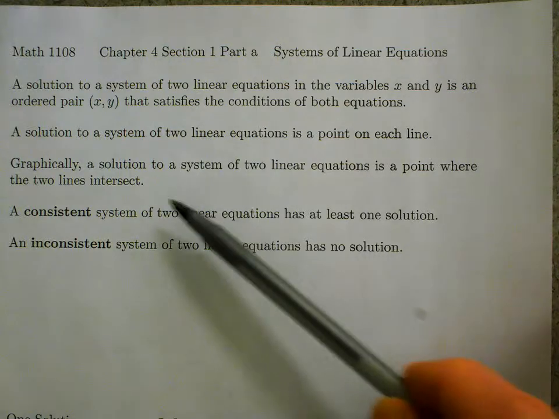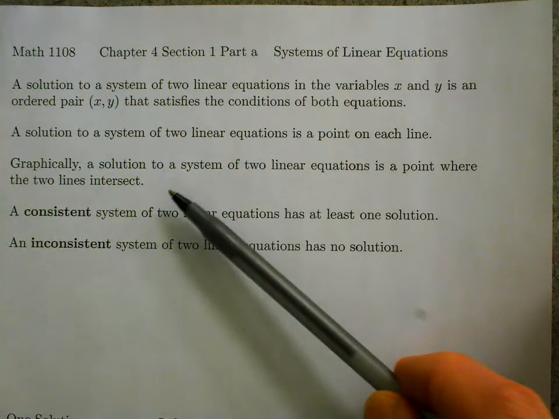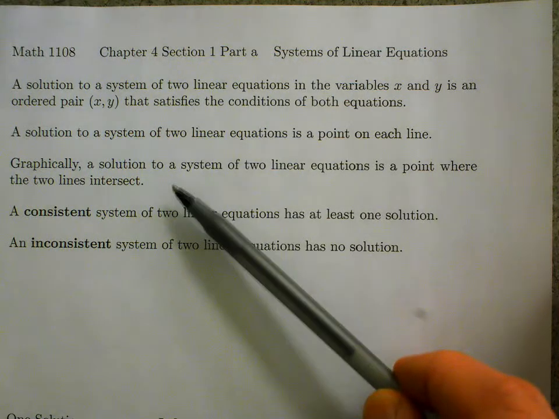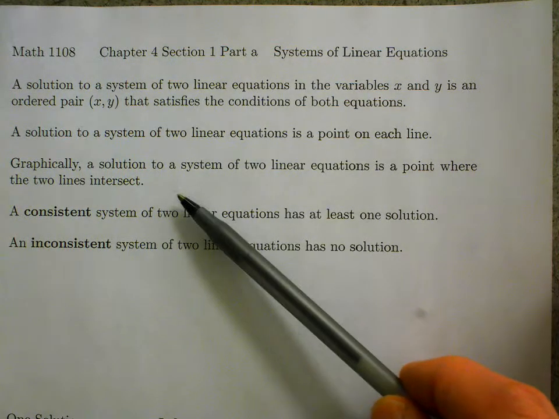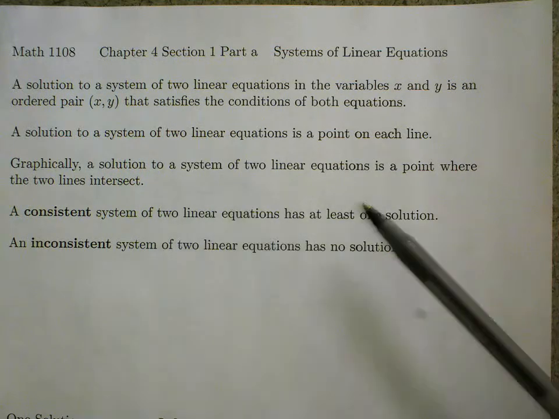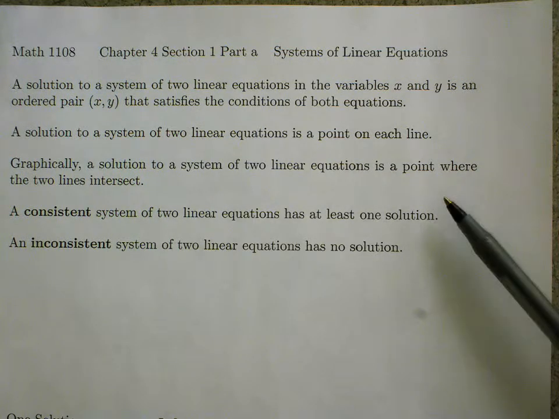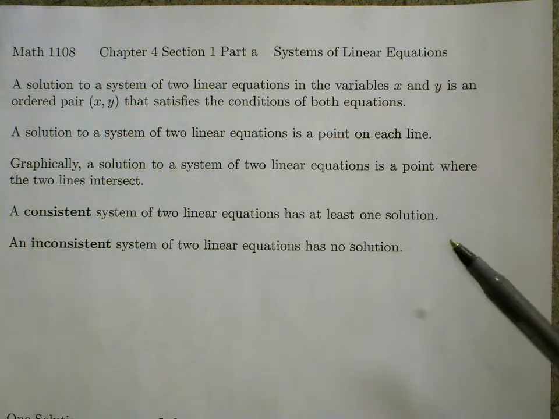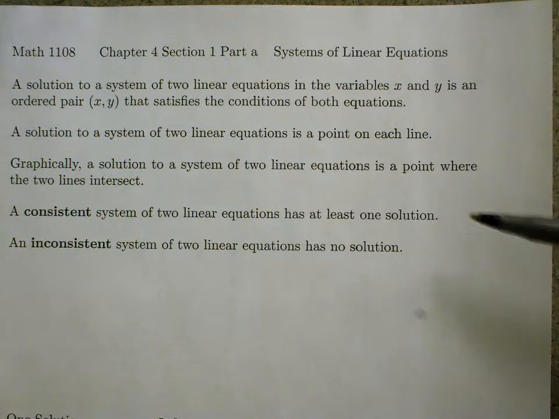Graphically, if you were to graph both of the lines in a system of two linear equations, a solution to a system of two linear equations is a point where the two lines intersect. And then a couple of terms to learn.